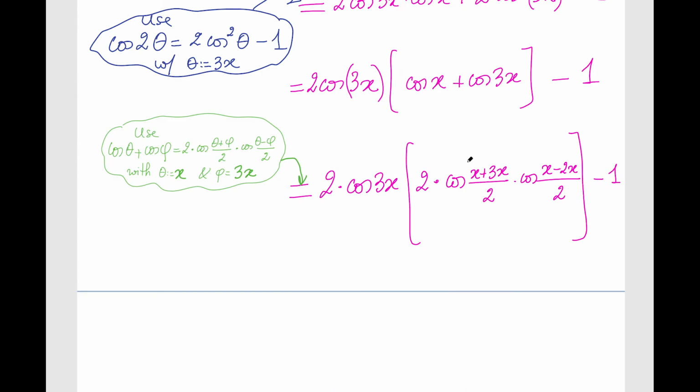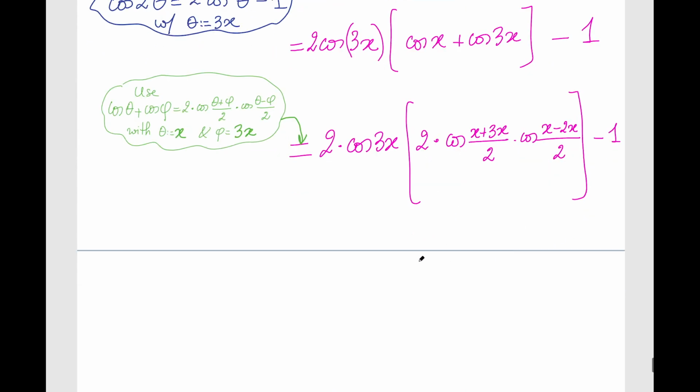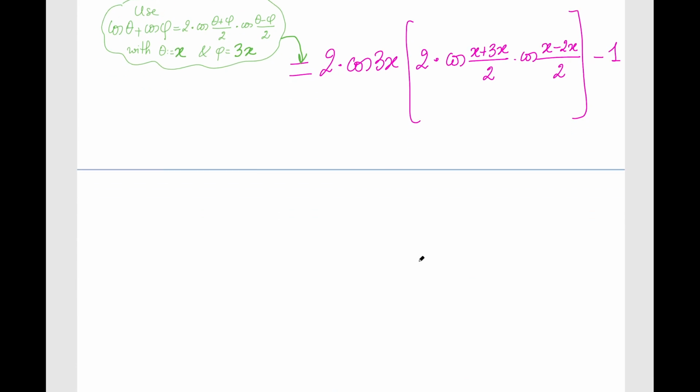So far so good. All right, so this is equal to, everything here is multiplication, right? So technically these parentheses are not needed because multiplication is associative.